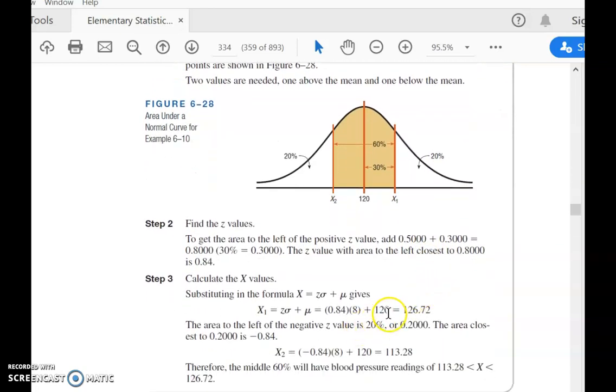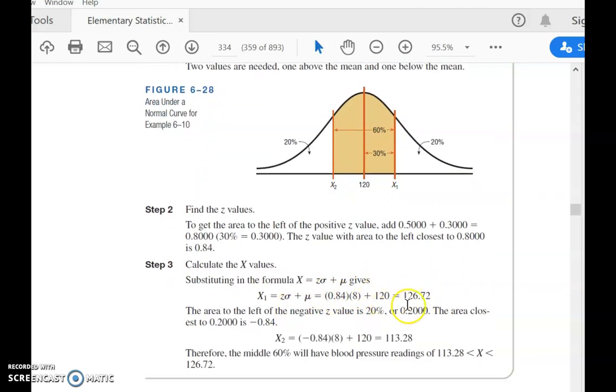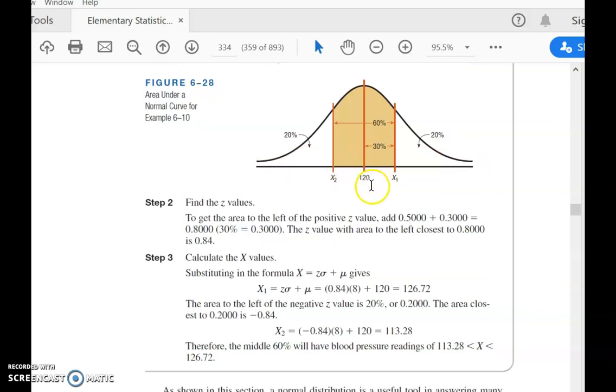And then the 120 was also given to me. You crank out these numbers and you get 126.72. So if X1 is 126.72, that tells me 20% will be to the right, and 80% will be to the left. Okay, that takes care of X1.